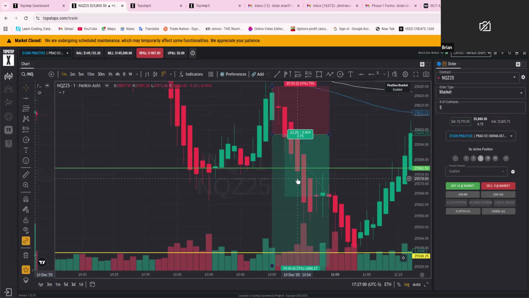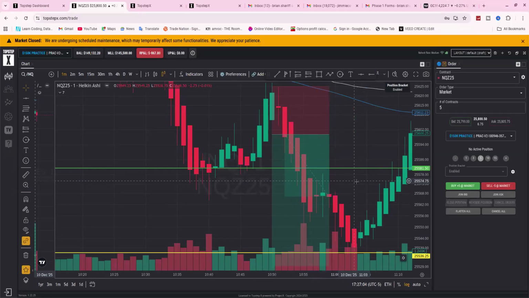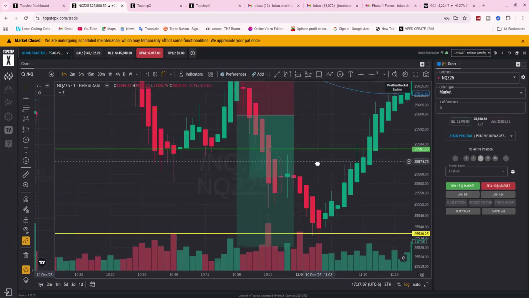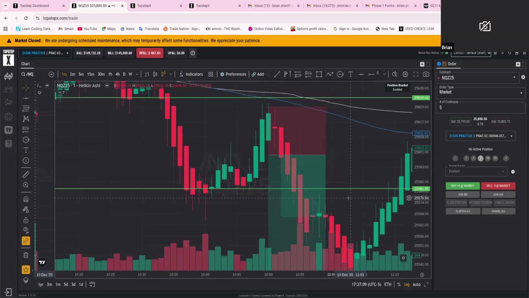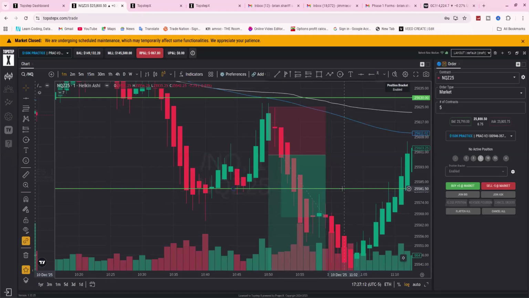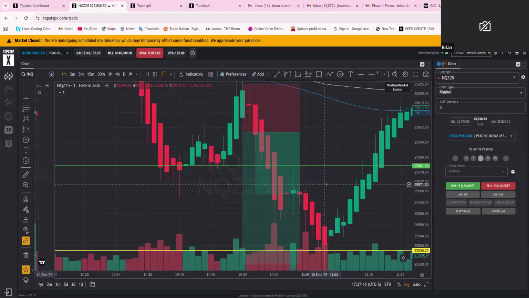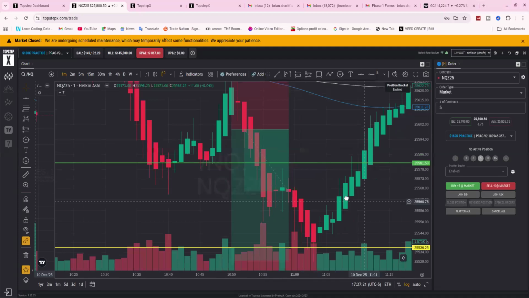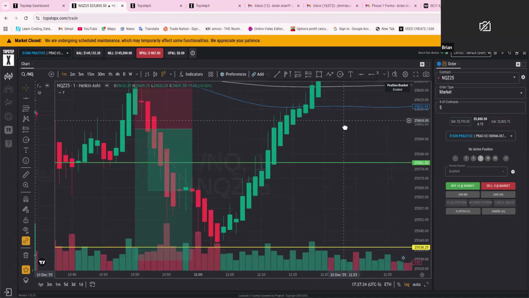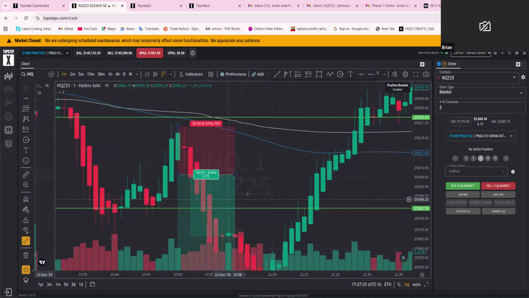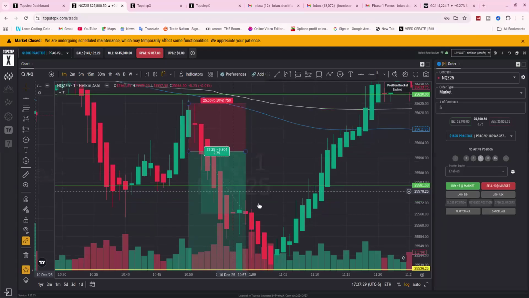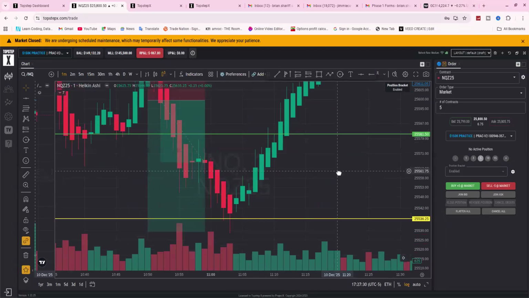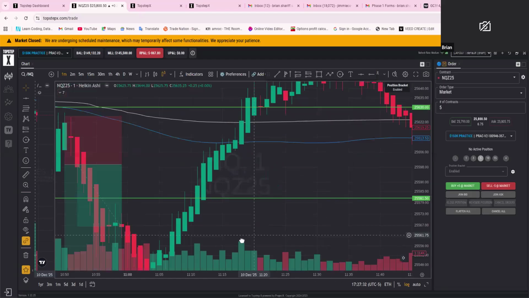That trade gave a 2.75 risk to reward ratio. Now the trade ended up going back up. This is the trade I caught this morning.